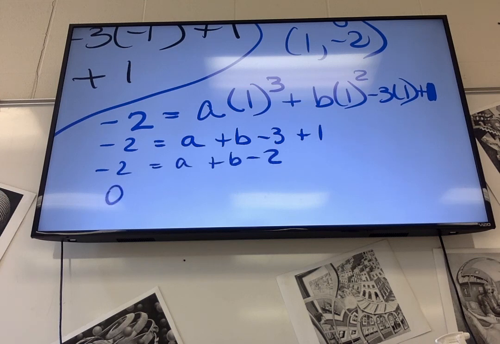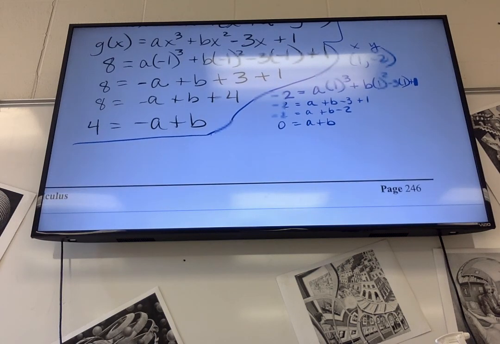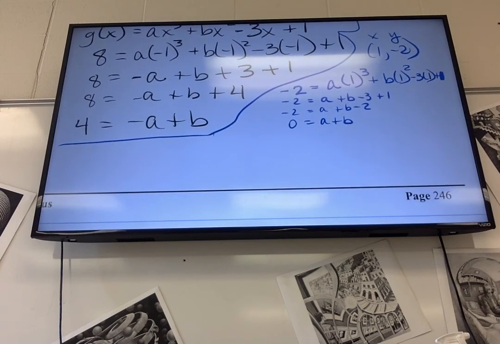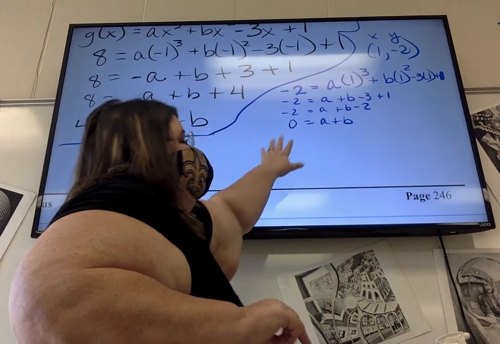Add 2 to both sides. So now I have 2 equations and 2 variables that I'm trying to find. How can I use these 2 equations to find a and b?